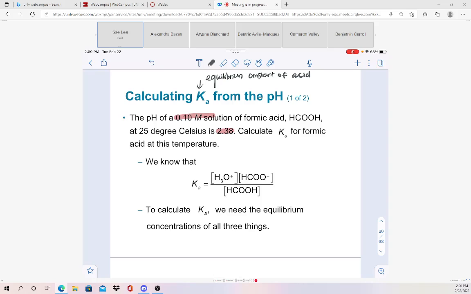So let's write the equilibrium expression for the Ka. First of all, let me write out the reaction equation. So this is the formic acid. Because it's a weak acid, you will have two arrows.